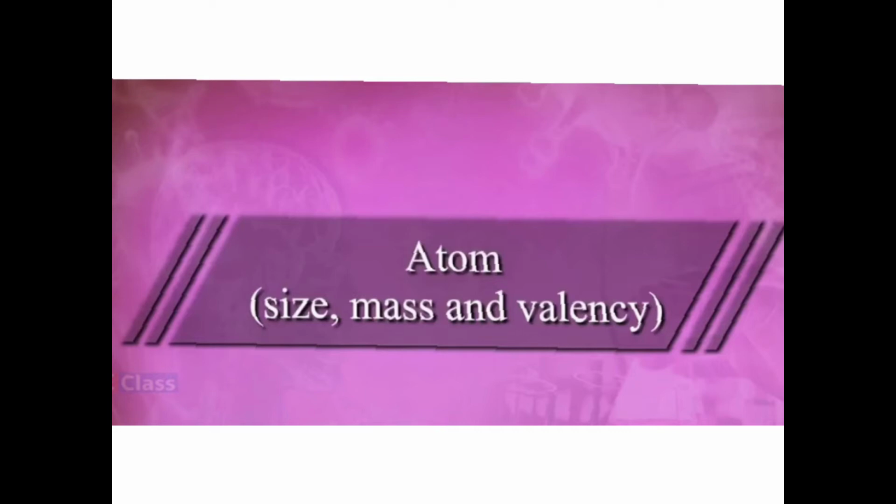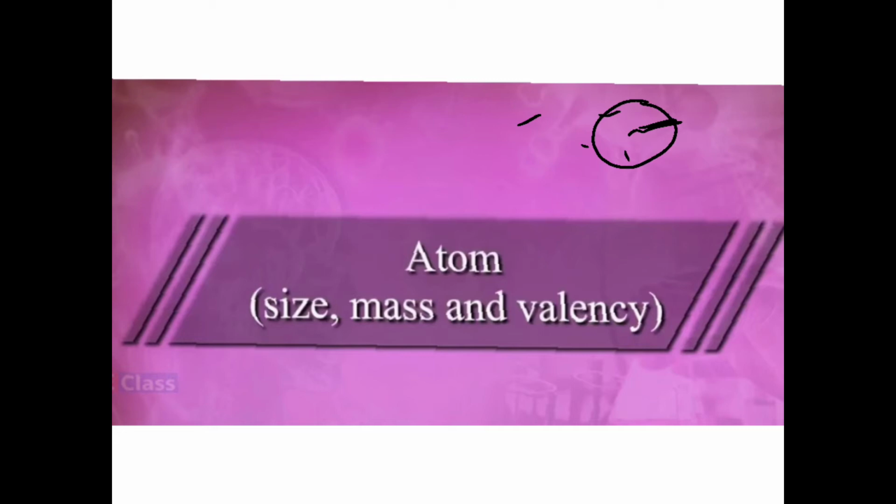If you magnify it, you will see that it's like a circle. In that also you have a tiny nucleus. The distance between the nucleus and the outermost orbit is called the atomic radius. So tiny. Imagine millions of atoms sitting on the tip of the needle.